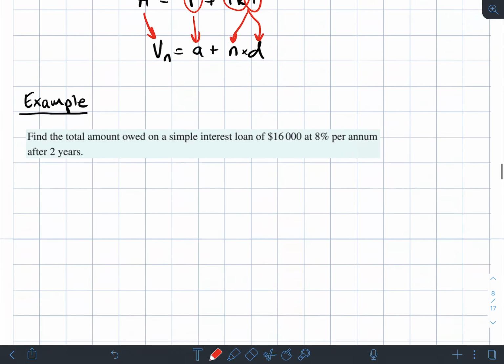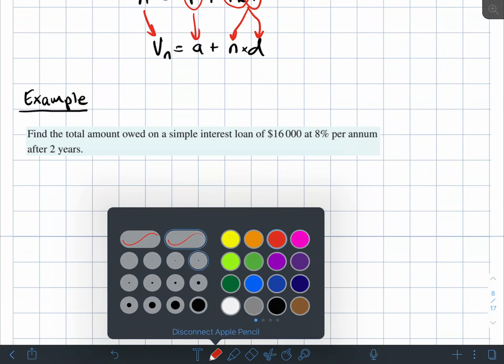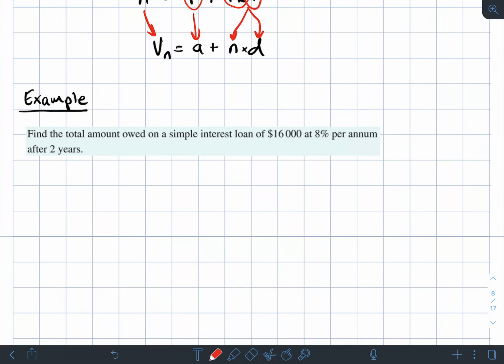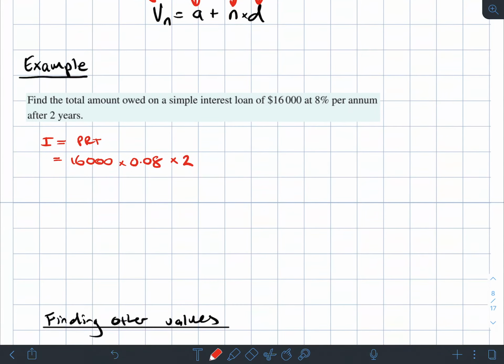All right, so let's have a look at a very quick example. We've already really done a couple of these already. Calculate the amount owed on a simple interest loan of $16,000 at 8% per annum after 2 years. Okay, so first step is to find 8% of 16,000, which is that bit there, and then multiply it by the time that we're owing.